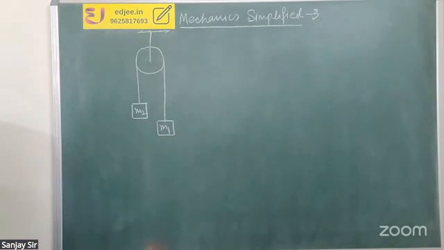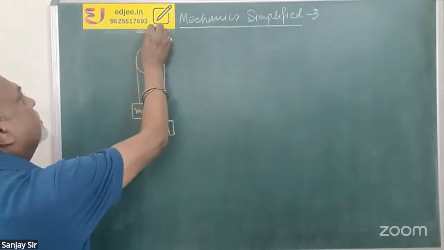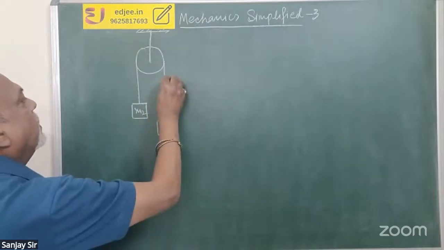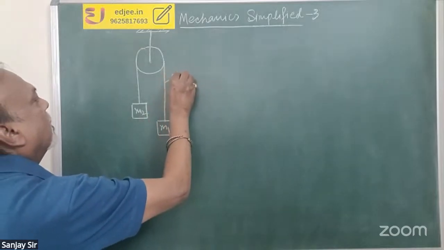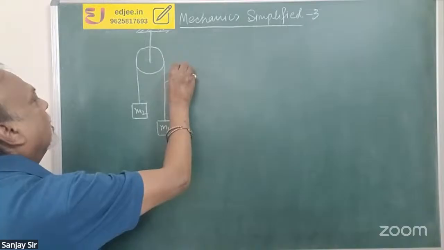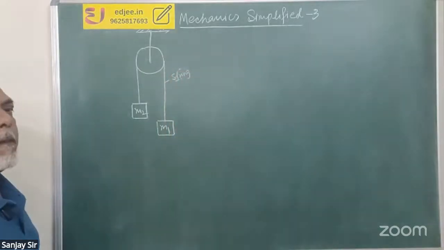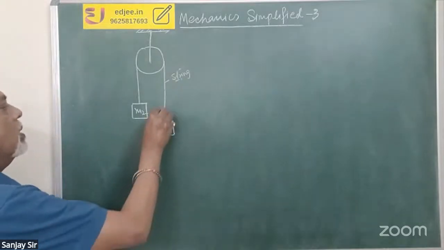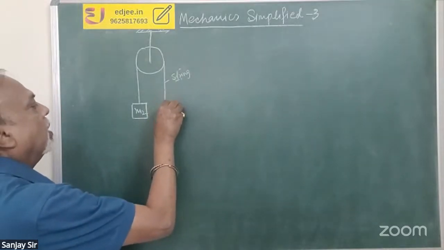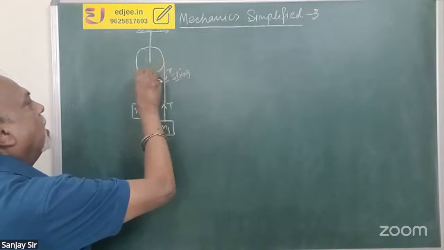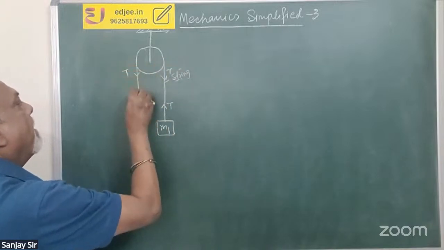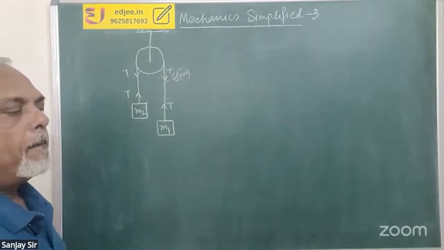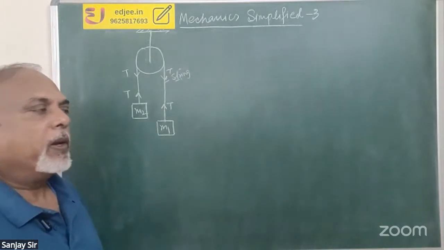This pulley is attached to a ceiling, and this is your string. You are asked to find out the tension in the string. Correct?